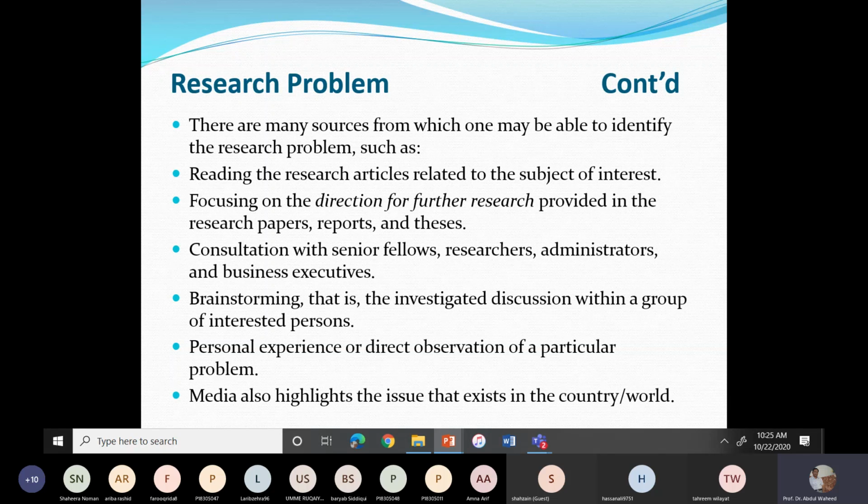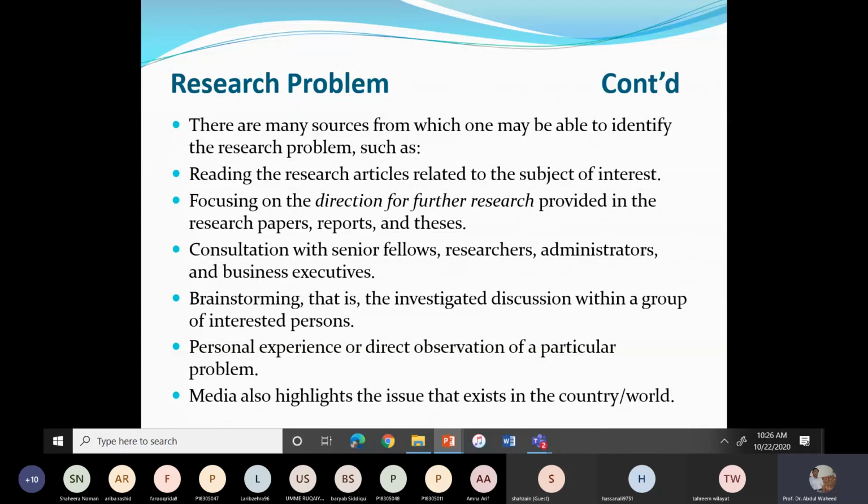Okay, and also personal experience or direct observation. There are some senior researchers, just like if I want to conduct a research study, I will use my personal experience, and we sometimes observe, oh, this is the problem and I have to do research on that particular area.